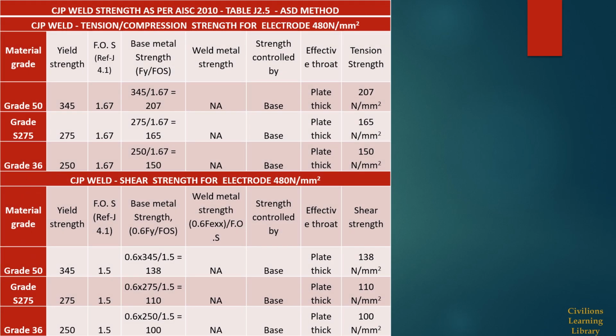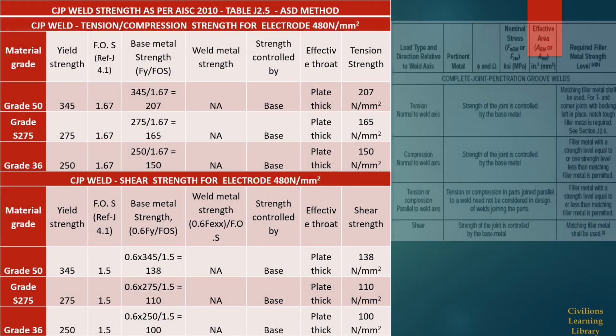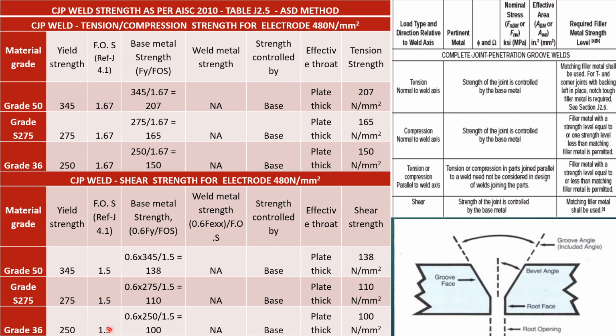Next we will see the complete joint penetration weld, which is CJP weld. Here these are the values provided in Table J2.5 from AISC for complete joint penetration groove welds. For the condition, we will see tension normal to the weld axis. Strength of the joint is controlled by the base metal. Here the strength is fully controlled by the base metal, so we need not check the metal strength of weld. Here also three grades are listed.